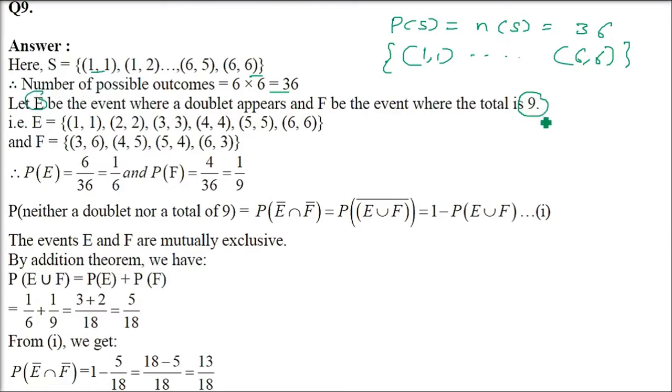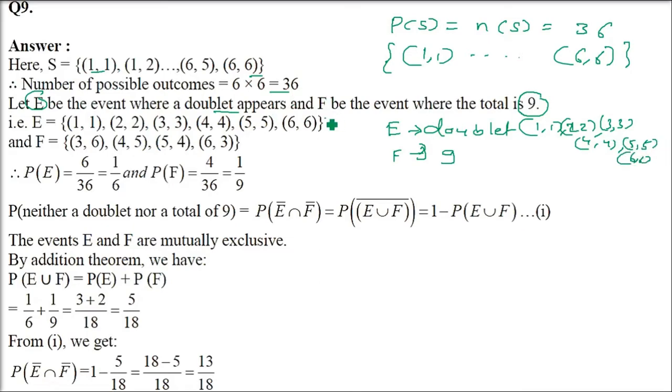Let E be the event that a doublet appears, and F the event that the total is 9. E is doublet: 1 1, 2 2, 3 3, 4 4, 5 5, 6 6.